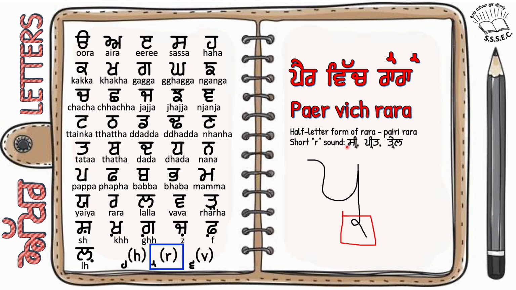And some words which include paeri rara. So these are supposed to attach to the letter rather than the matra. This is just because we're typing, it's not exactly how it would appear when it's handwritten. So they should touch the letter sasa, they should touch the letter papa, and here it's touching tata, but it would perhaps not be in this position, it would usually be at the front of the tata here.